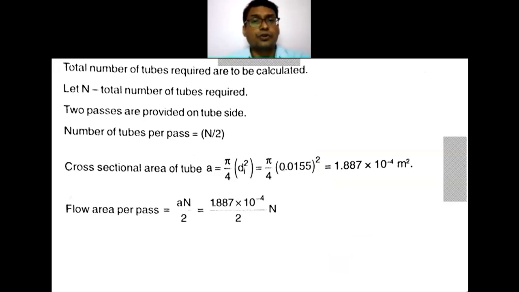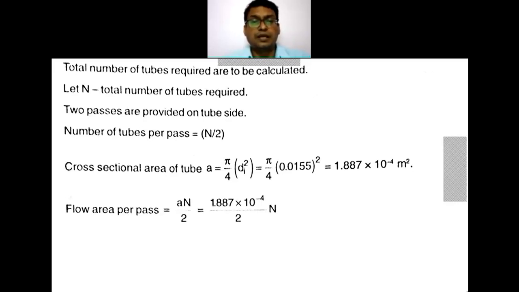Here two passes are provided on the tube side, so the number of tube side passes is 2. The cross sectional area of one tube is pi by 4 into di squared, and the flow area per pass is n number of tubes divided by 2, that is in one pass.